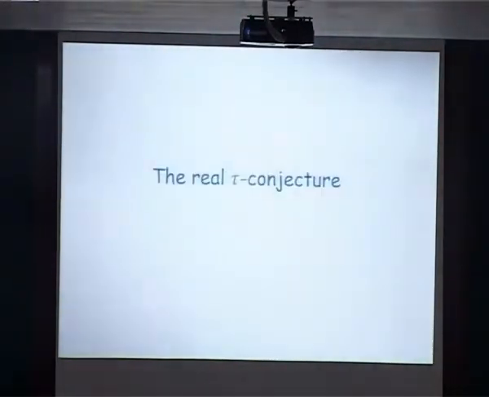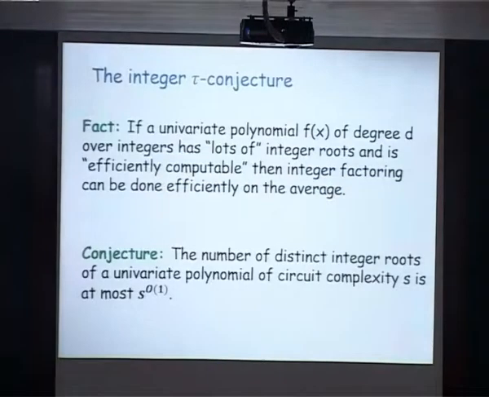So let me tell you about this other approach called the real tau conjecture. It starts from this fact. Suppose you take a univariate polynomial over the integers and ask how many integer roots it has.